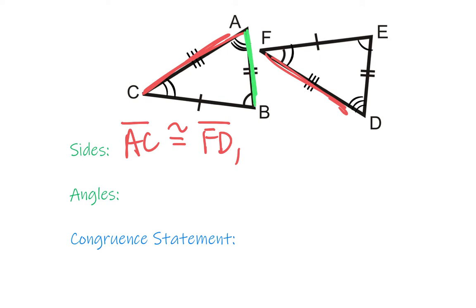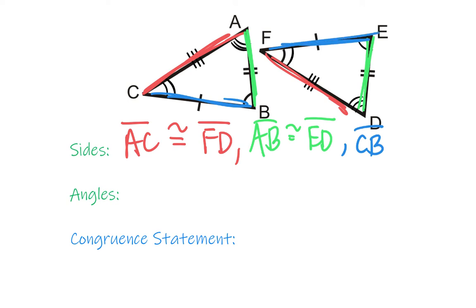So if I move on to AB, AB has 2 marks, and so does ED. Now, they're not always like the left sides or the top sides. Sometimes the triangles are flipped over, so you've got to be on the lookout for that. Okay, the last set that matches is CB, which has 1 mark, and EF has 1 congruency mark. So those would be congruent.